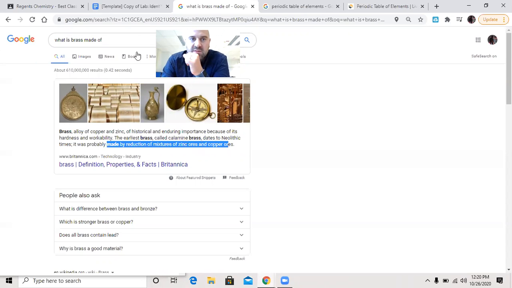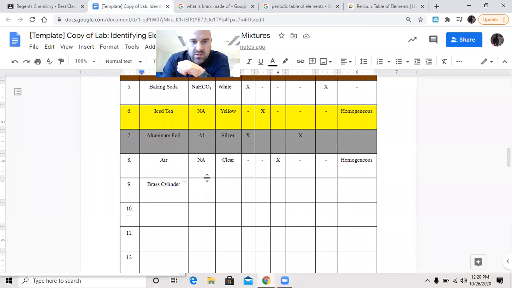That's fine. There's gonna be several things there. But the main thing we know, I'm just gonna go with the two main ones in here. It's gonna be copper and zinc. Copper and zinc.